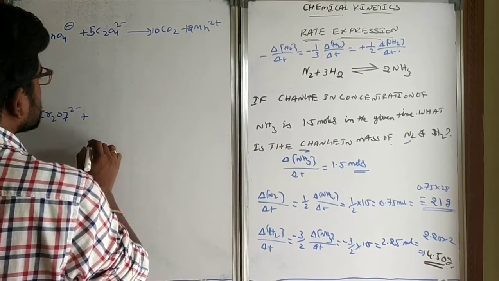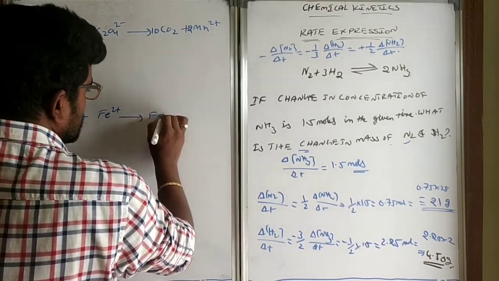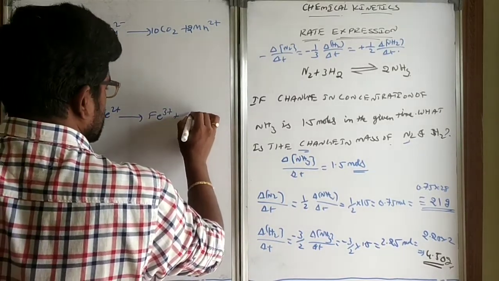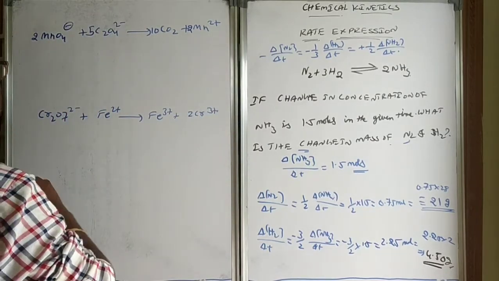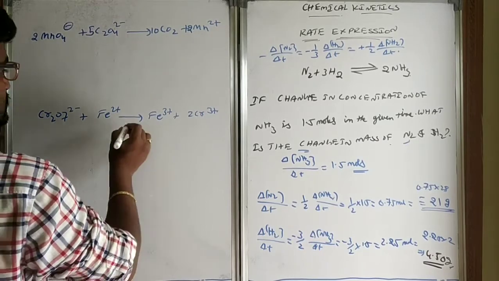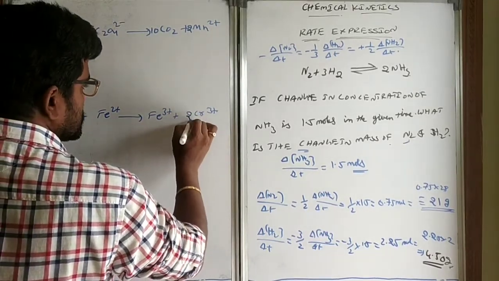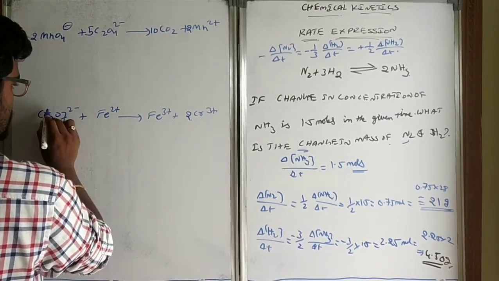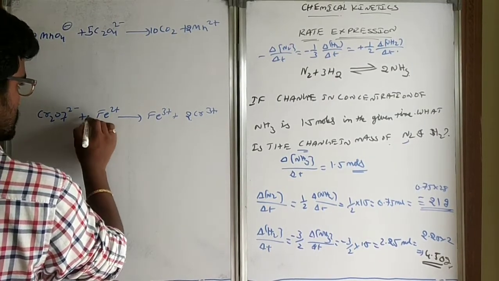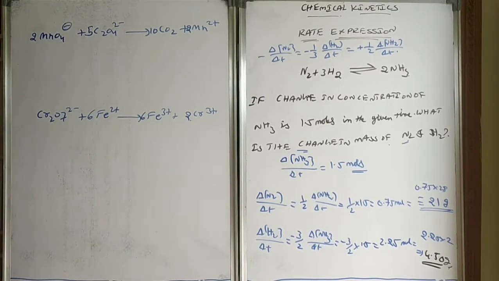Next, Cr2O7 2 minus plus Fe2 plus gives Fe3 plus plus Cr3 plus. Cr3 plus will come, and 2 plus 3 means 6 Fe2 plus and 6 Fe3 plus will be coming.